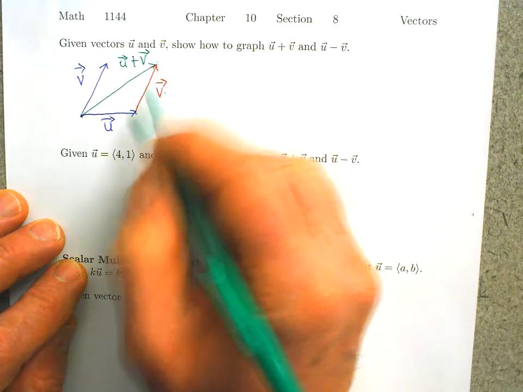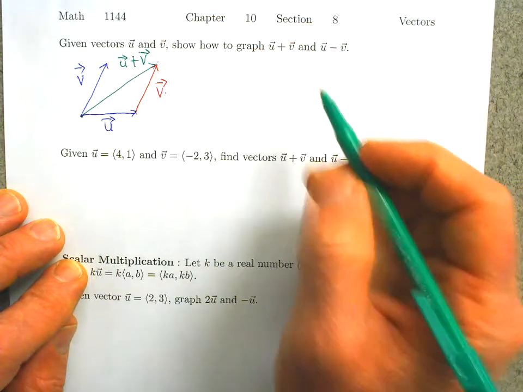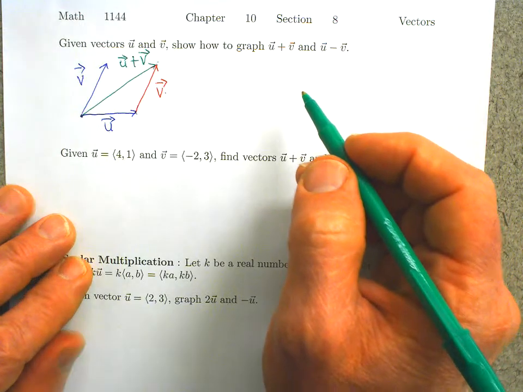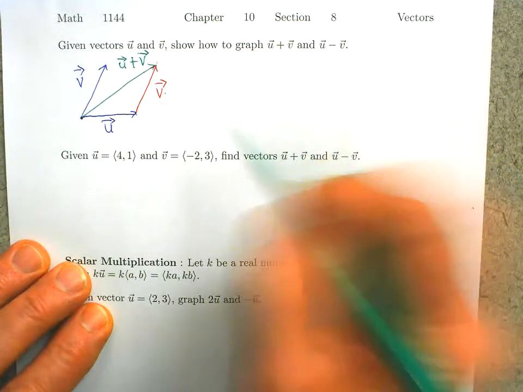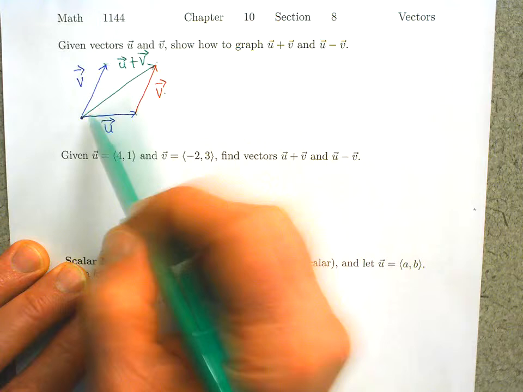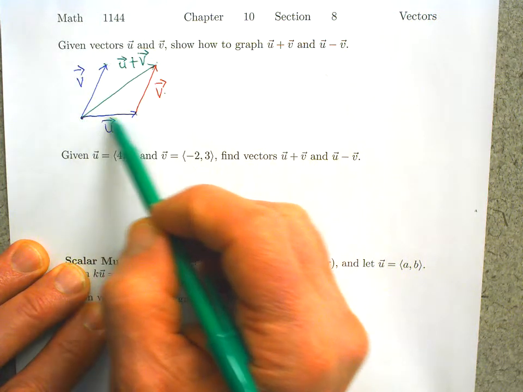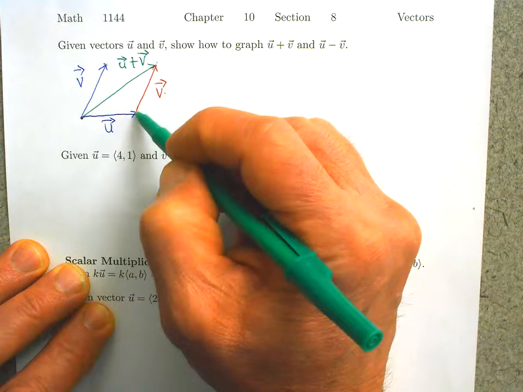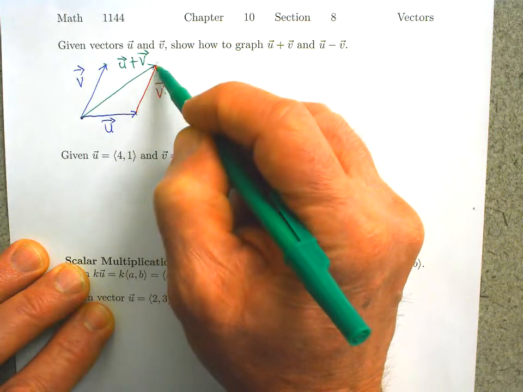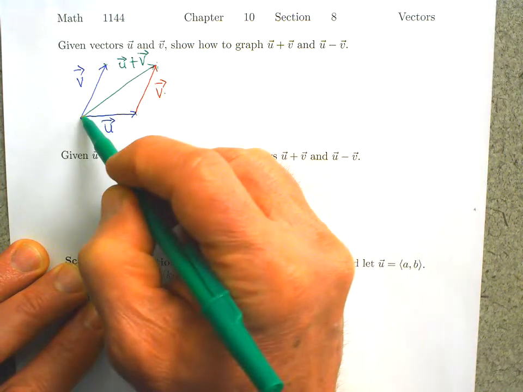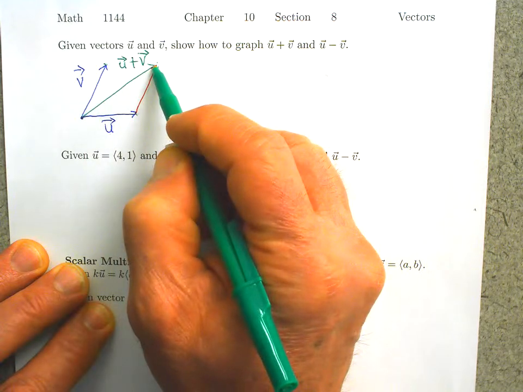You might see this referenced as the parallelogram rule for adding vectors. If you construct a parallelogram, then the vector along one of the sides added to the vector on the adjacent side is just the diagonal of the parallelogram.